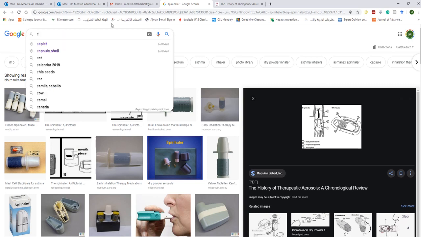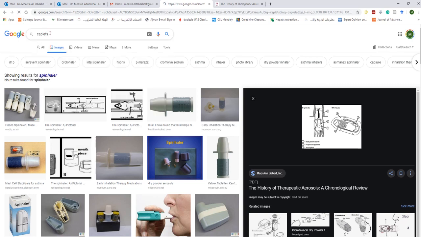Now that's one reason why you will see some tablets that are referred to as caplets, like Panadol. Caplets, cap comes from capsule, and the other part from tablets, so it's like combining the shape of the capsule but in the form of a tablet. So these are caplets.